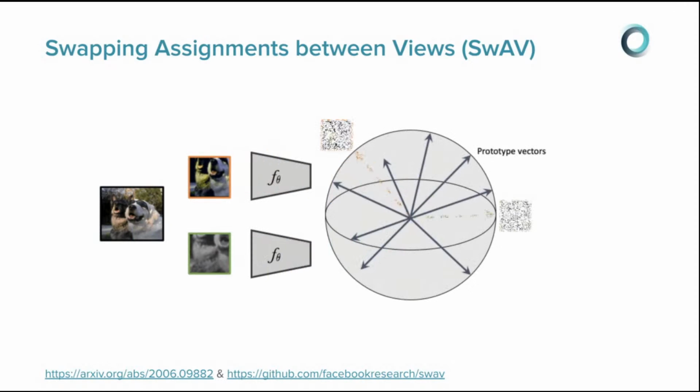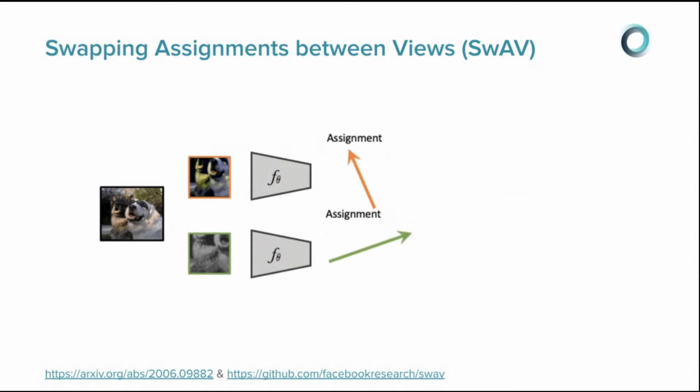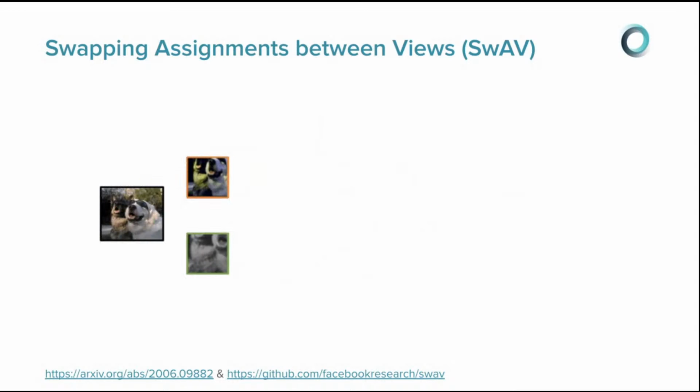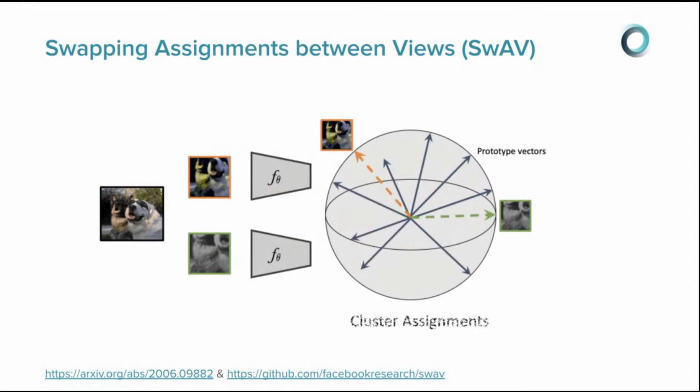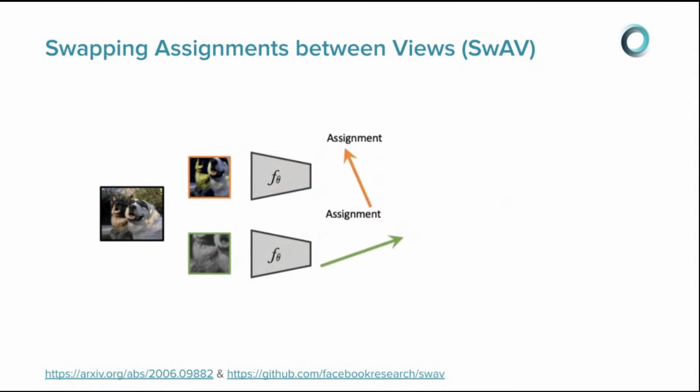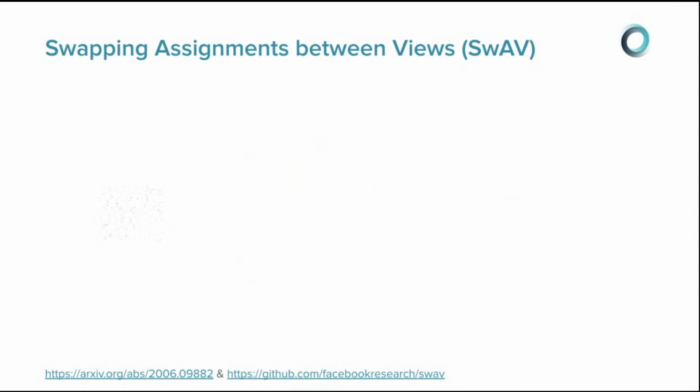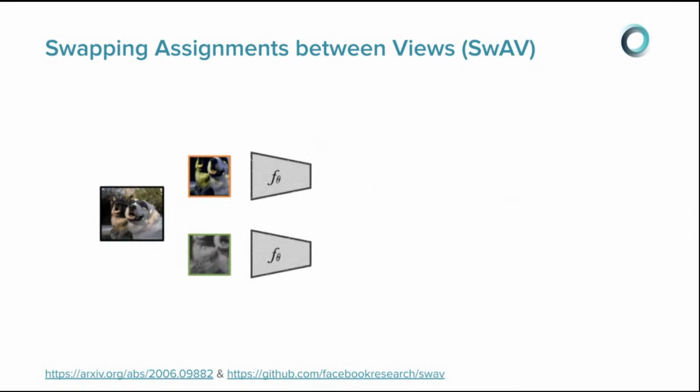I guess it depends on the complexity of your data. Imagine a case where I just want to distinguish black from white images. Of course, this is a very simple case. Then maybe you would just need two prototype vectors, if this works at all. But the more complex your data is, the more prototype vectors you probably need.